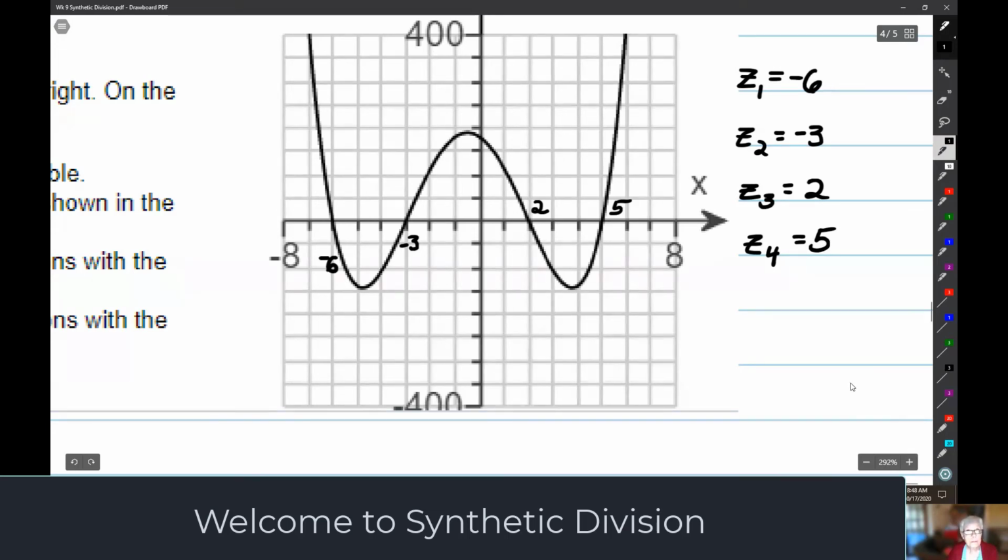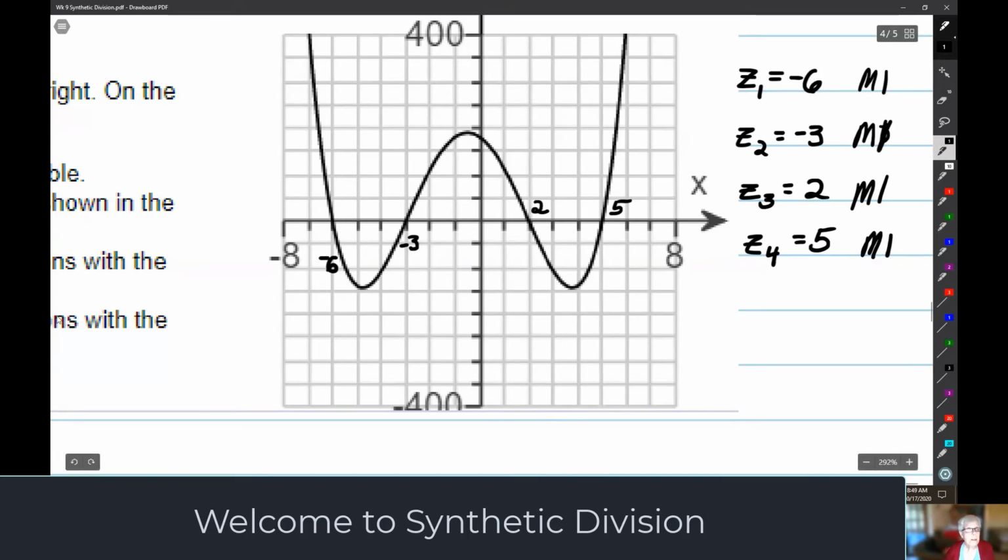And I also want to point out that when a line cuts through the x-axis, just cleanly cuts through it, the multiplicity of that 0 is 1. Okay, so all of these have multiplicity 1.